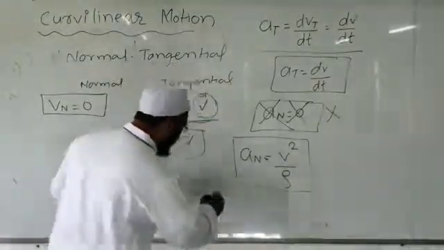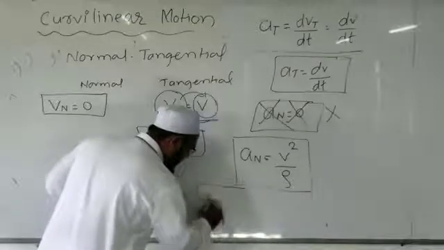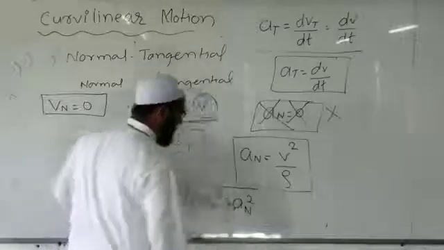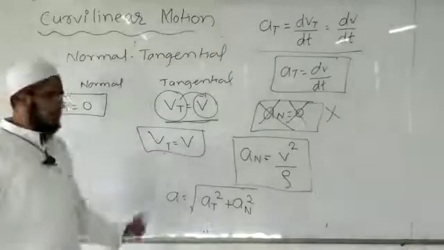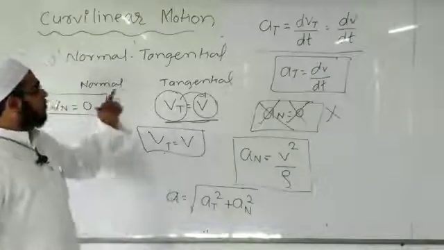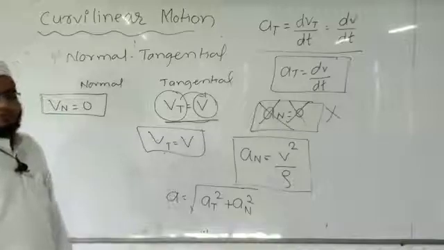So if I require the total acceleration a, then it must be at square plus an square. These are the important formulae for the normal tangential coordinate system.